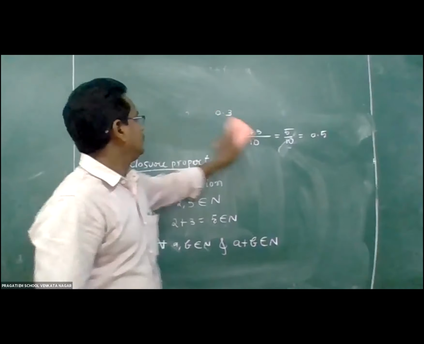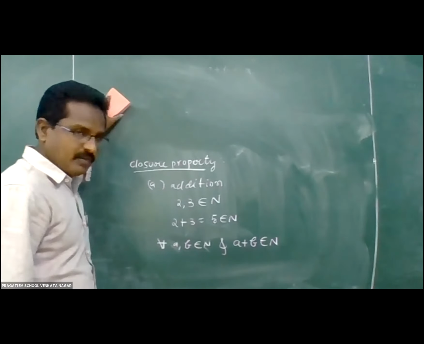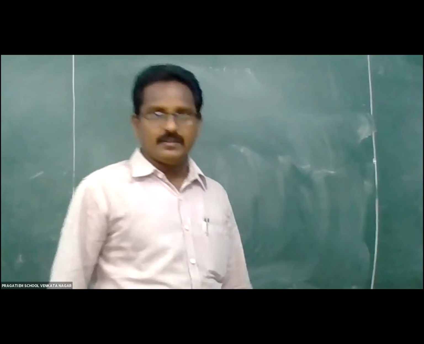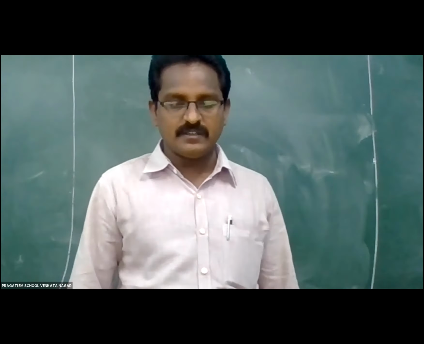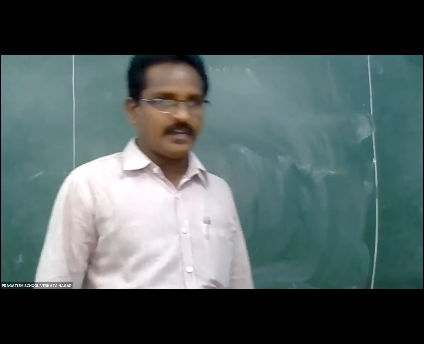Very good. Now I will write one point about closure property. Note down. Valli, ask me, Amma. Sir, give me another example for this one. Yes, sure, I will give.